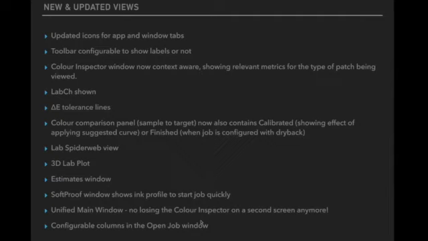That means that instead of looking at TVI or the NP kind of graphs in the main window, you can have a spiderweb plot showing the hue shift as you add more tint from 0 to 100. In the single patch window, there's also a 3D plot of that as well, if you want to get a little bit more technical about it. The estimates window I've already shown you.